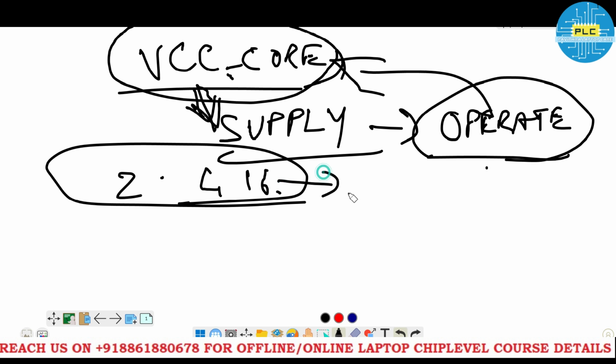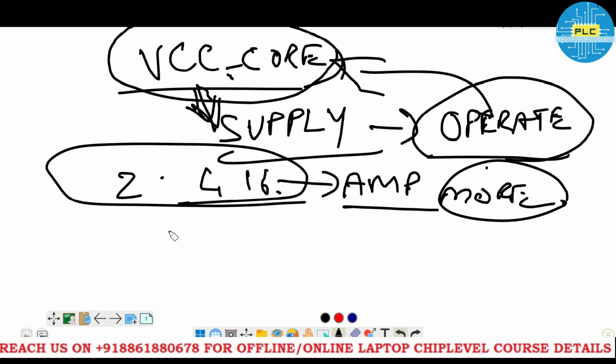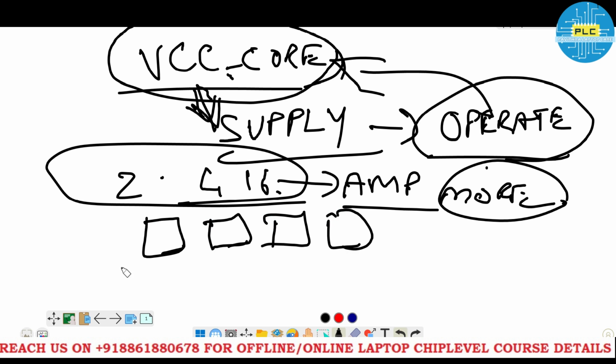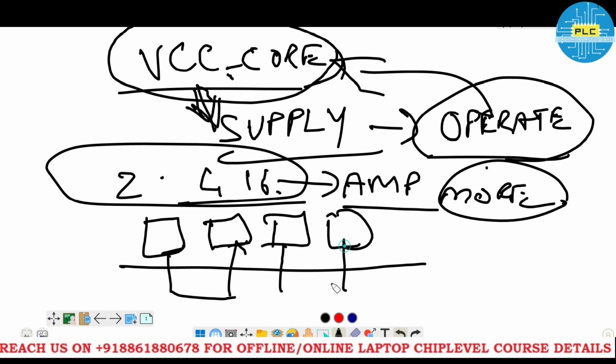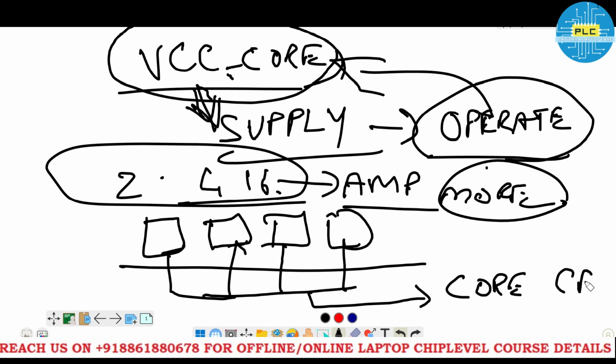It means the amperage will be more. Right, amperage will be more. So that's the reason you will get a minimum of coil 1 or 2 or 3 or multiple. In some cases 4 also will be there. All together they go to the core section of the CPU.